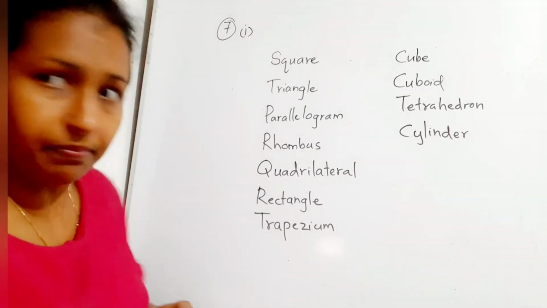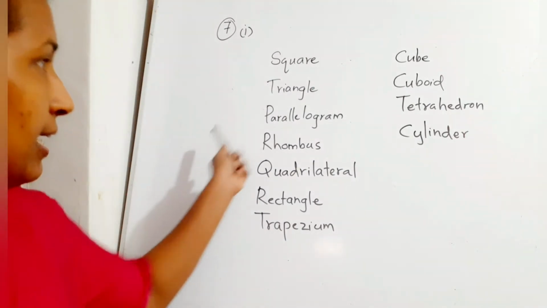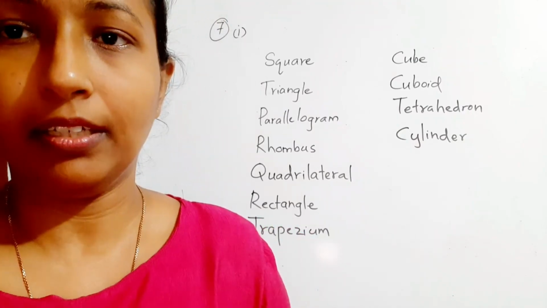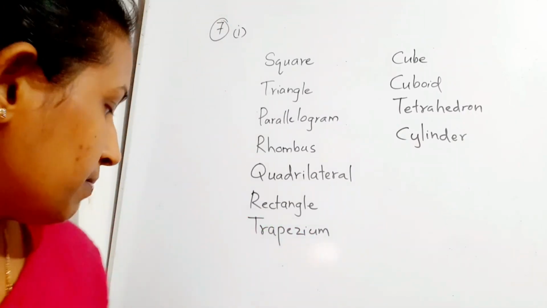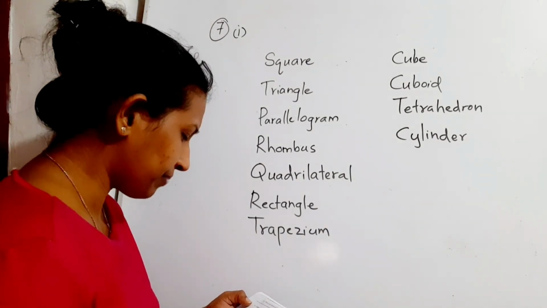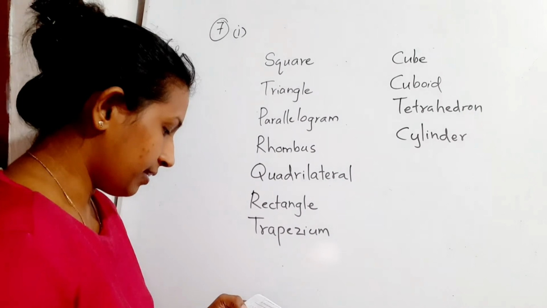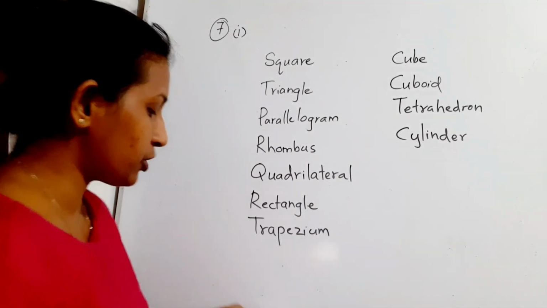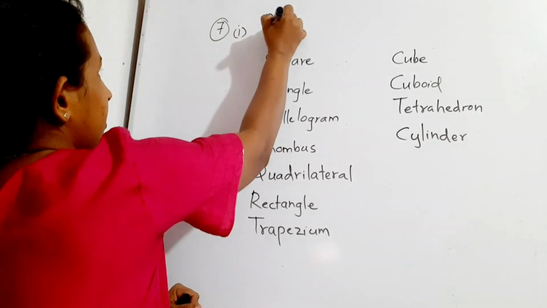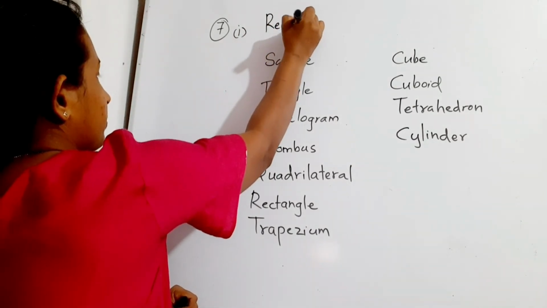So likewise you have to separate the items like this. Then you have to name them. Write down suitable names for each group. These are rectilinear plane figures.